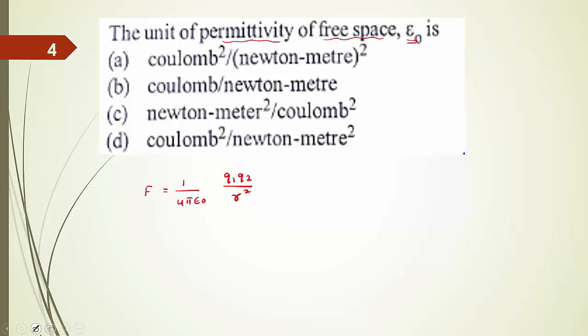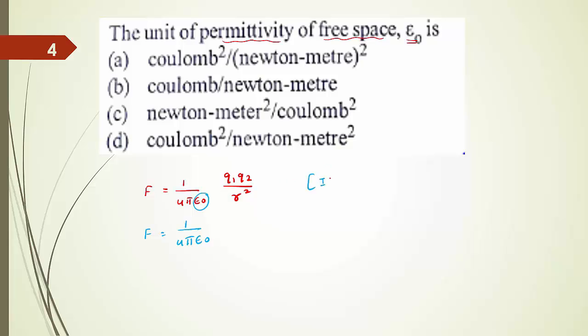You can observe here the symbol epsilon naught. This symbol indicates absolute permittivity or permittivity of free space. We have to find the unit of epsilon naught. See here, this equation can be written as F equal to 1 divided by 4 pi epsilon naught Q1 into Q2.